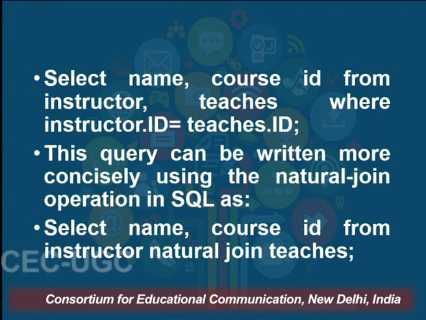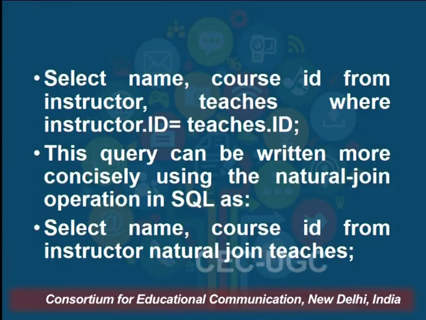The last line I am referring to is about combining the two relations using the natural join operation. While earlier the idea was select name, course ID from instructor, teaches where instructor.ID equals teaches.ID, this can also be done because it achieves the same thing.